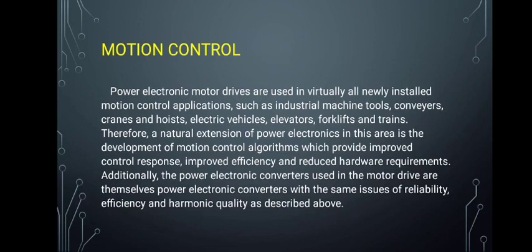Therefore, a natural extension of power electronics in this area is the development of motion control algorithms which provide improved control response, improved efficiency, and reduced hardware requirements. Additionally, the power electronic converters used in the motor drive are themselves power electronic converters with the same issues of reliability, efficiency, and harmonic quality as described above.